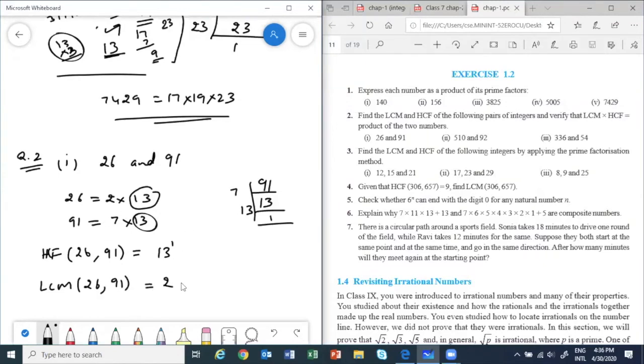So 2 will be there. From first one we have 2 and 13. Next one we have 7 and 13. So only 7. Now take highest powers. Highest powers are 1 only. Okay. Why 7 is coming 2 times? No, 2 into 13 into 7. That is 182. For LCM we have 2 into 13 into 7.